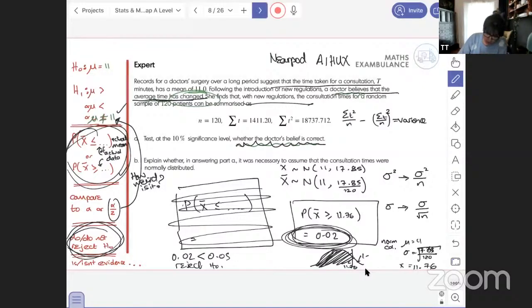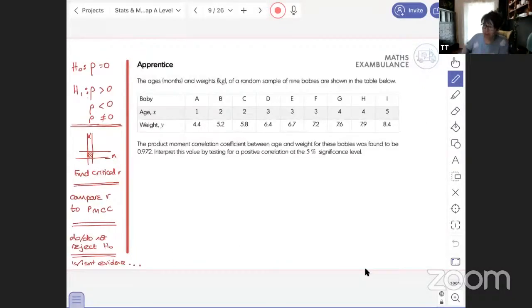Right, let's have a look, because we've got 5 minutes max, and I want to have a quick look at the correlation ones, okay? So H0, always no linear correlation, always. Always, always, always. H0 is always, there is no linear correlation, none, okay?